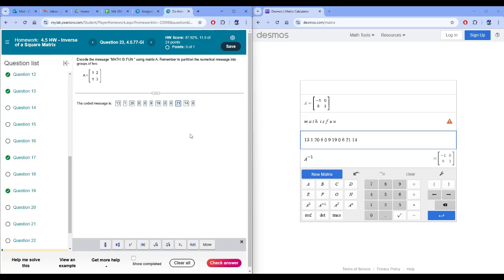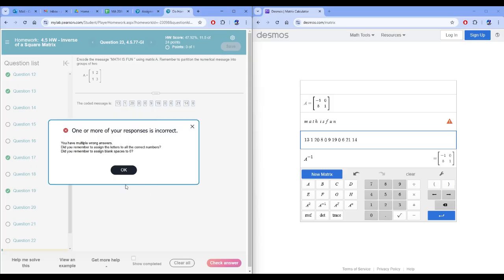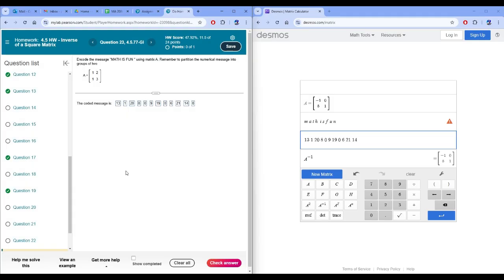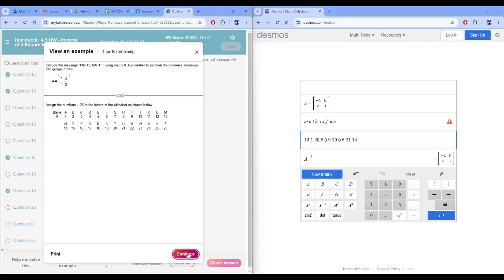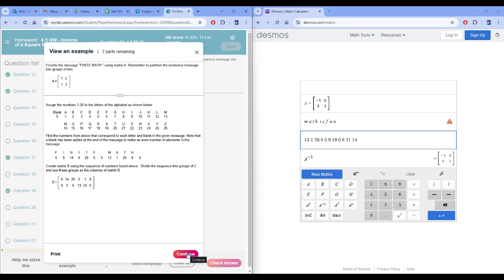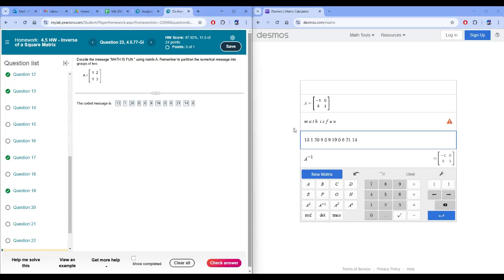Math is fun. Check answer. Does it want a matrix in each of these? Which way did they go? 6, 9. Oh, they went like that. 6. Okay. So that means I got this.